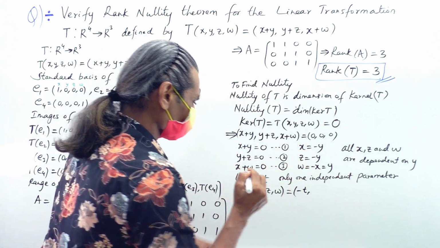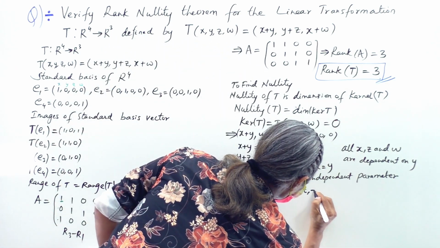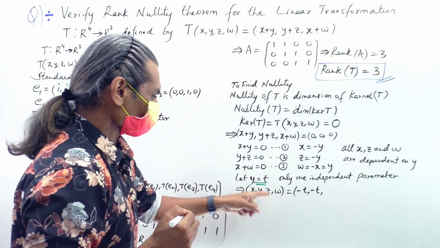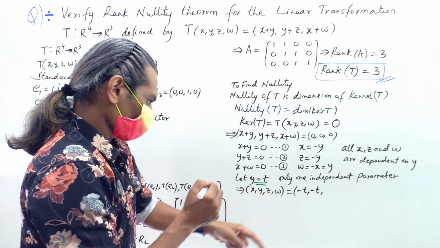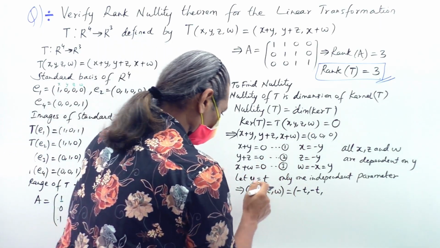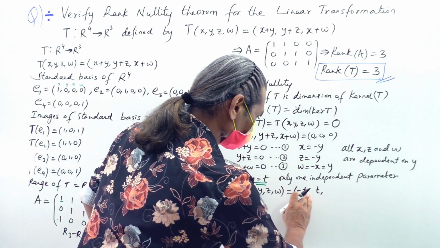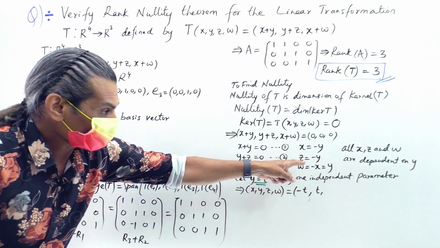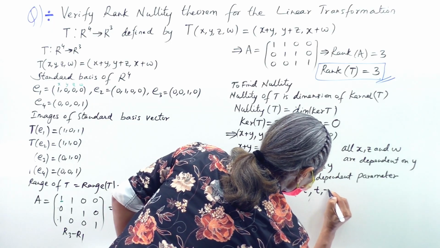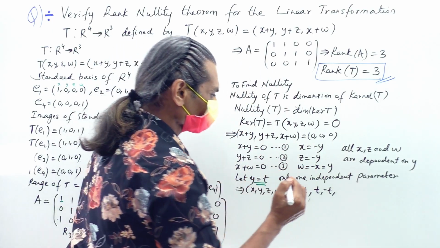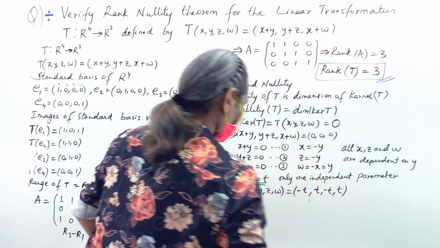Then y is t, z is minus y, so it is minus t, and w is y, that is t.